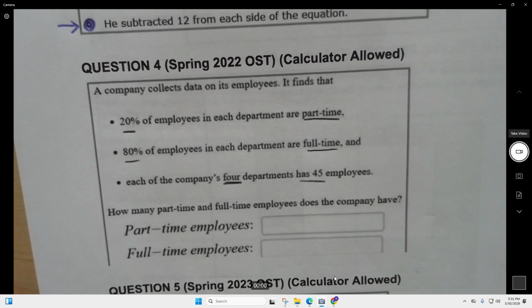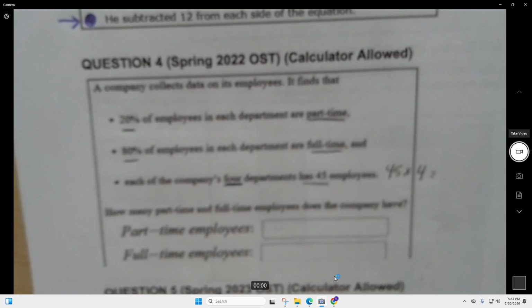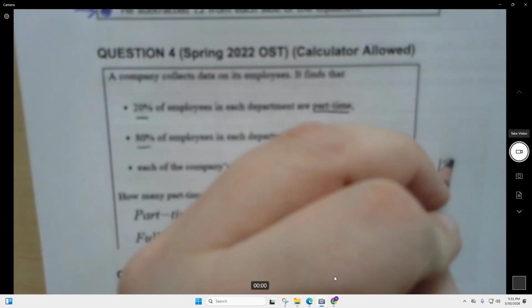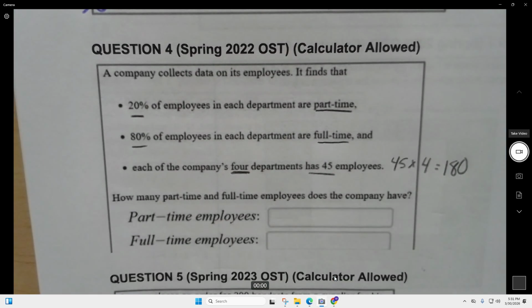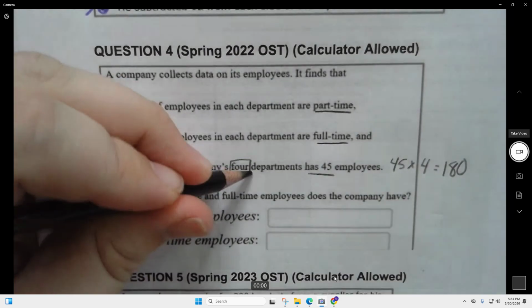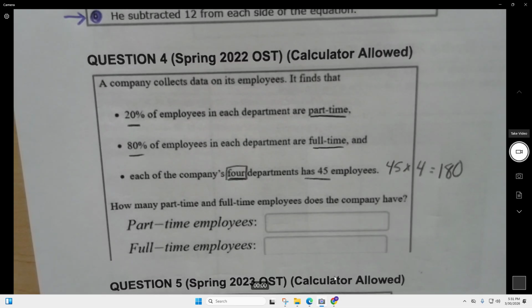So there's not 45 employees, there's 45 times 4 employees, which means there's actually 180 employees. You have to read and make sure that you're getting every bit of information from the problem. Because missing that one word of 4 ruined your entire answer.